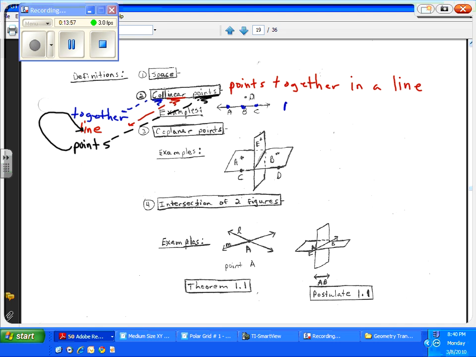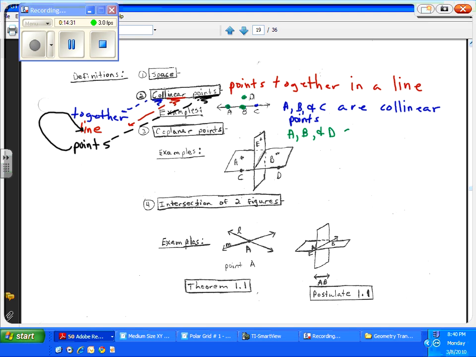The points A, B, and C, then we could say are collinear points because we can see that they are points together in a line. We can see also that there's not a line that exists that would contain points A, B, and D. Not one line would contain all three points.